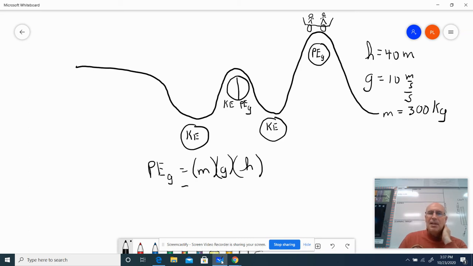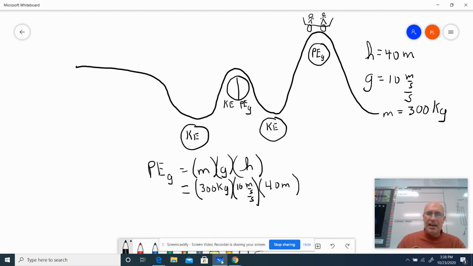Okay, so I'm just going to solve this problem now. The mass is 300 kilograms. The gravity on Earth is 10 meters per second every second, and the height is 40 meters. So I'm going to have to multiply all of that out.